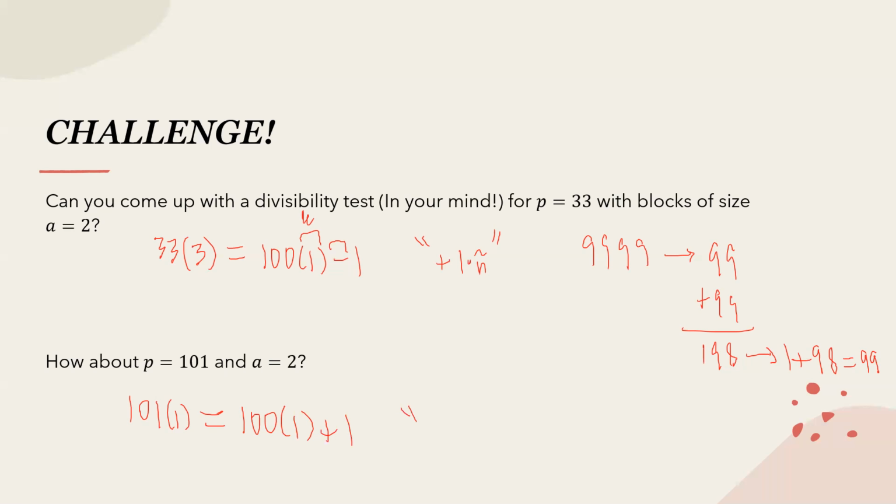So what are we going to do here? Subtract these blocks, right? Subtract off the last 2 digits every single time. So for instance, 202, what am I going to do? 2 minus 2, which is 0, which is definitely divisible by 101, yes? So it works out. Cool.